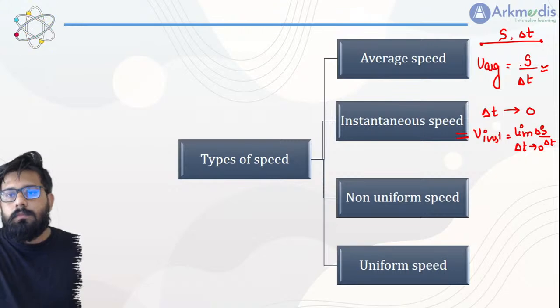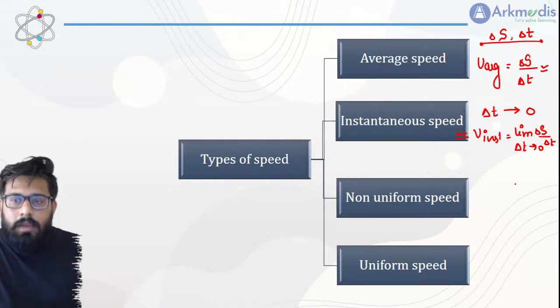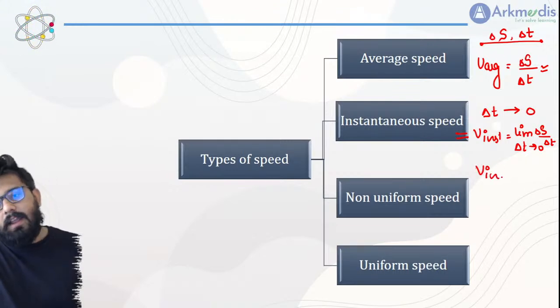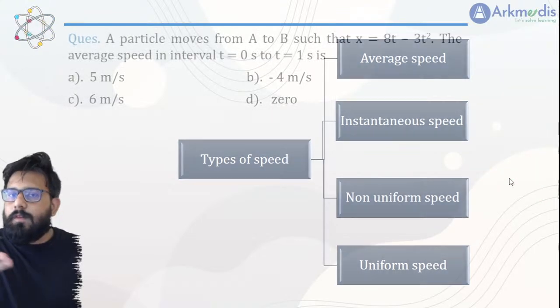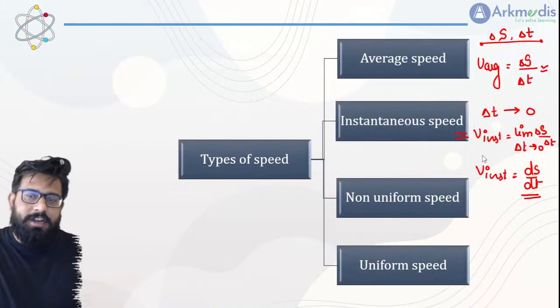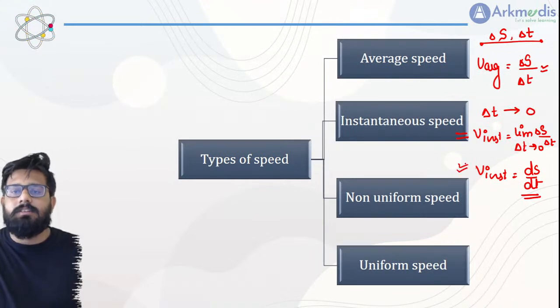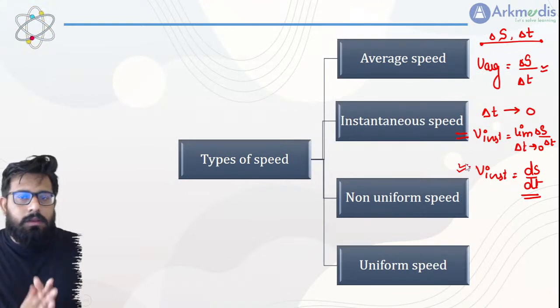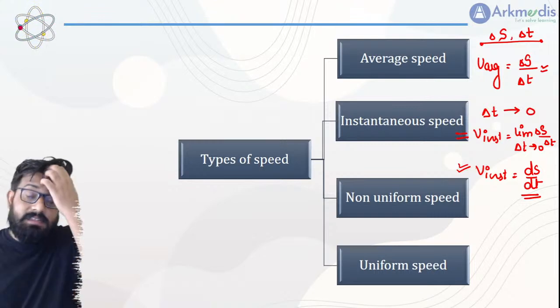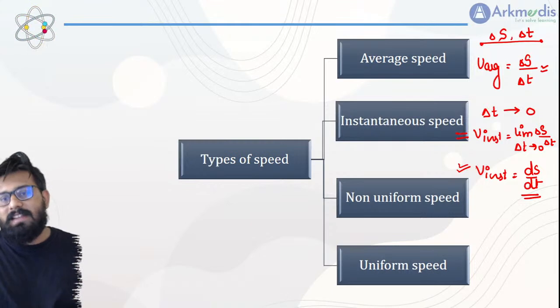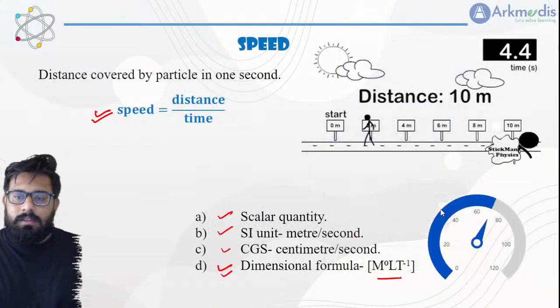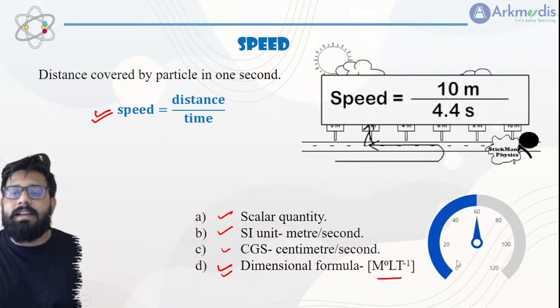Now the instantaneous speed v can be simply written as ds by dt, which means if you have the distance in terms of time, then you can simply differentiate it and get the instantaneous speed. For instantaneous speed we have a device, the speedometer. The speedometer is actually giving us the instantaneous speed.